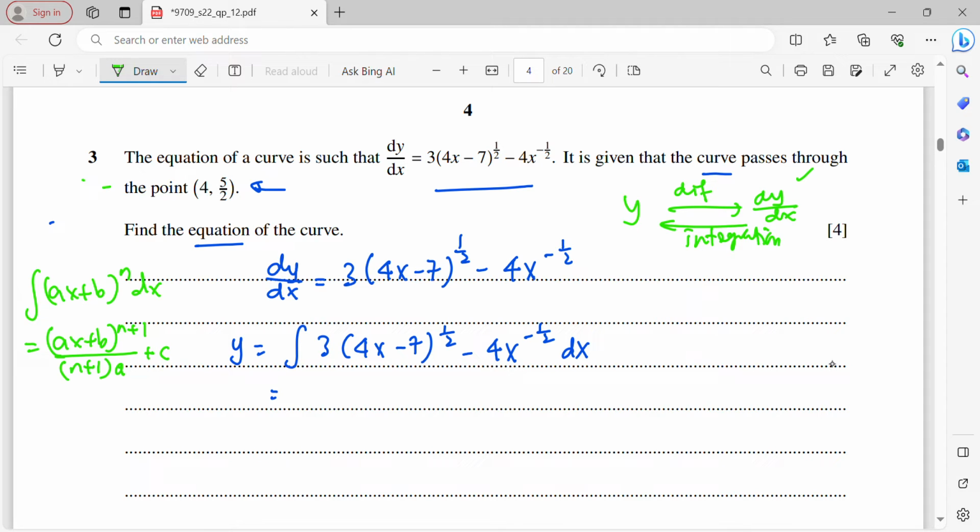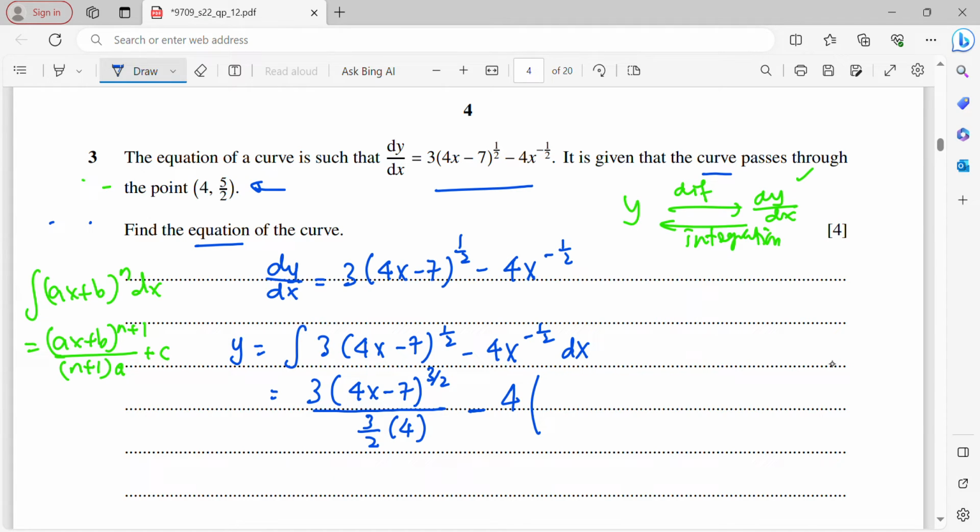After that, plus c. So now here I will get 3, remain the function. The power half becomes 3 over 2, divided by 3 over 2, and differentiate the bracket, you will get 4. Minus, remain 4, because the power negative half is the power of x only, not for the 4x.